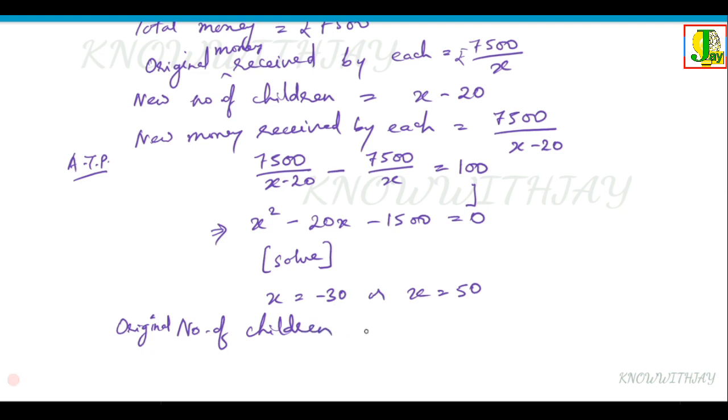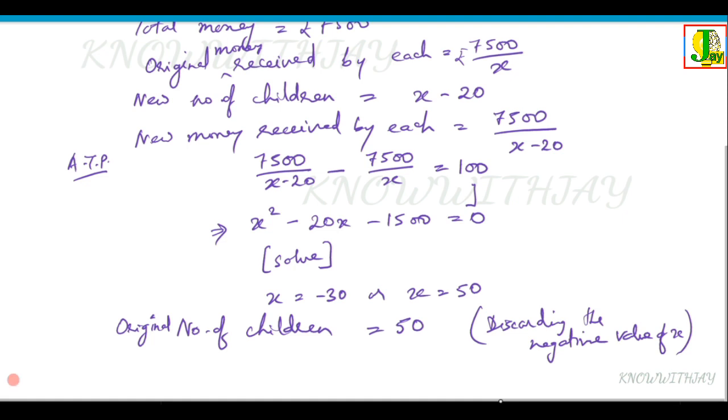So discarding the negative value, I get 50. You can write it in brackets, discarding the negative value of x. So that's our answer.